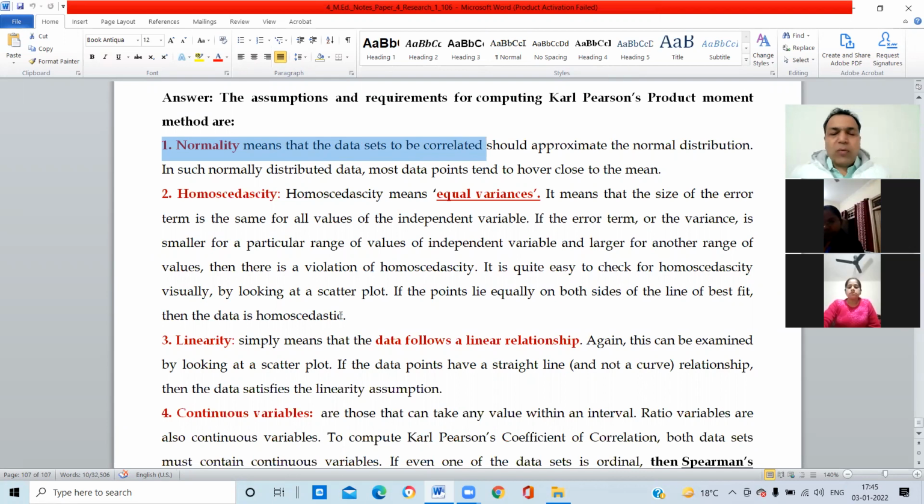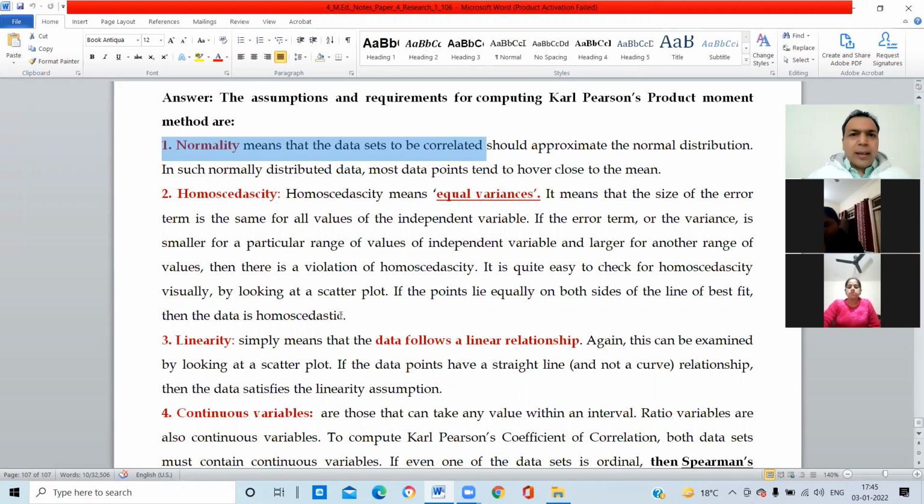For example, there is a study where you want to see the awareness of voting rights of women, whether women are aware of the right to cast a vote or not. You know the age limit: after 18, you can cast the vote.